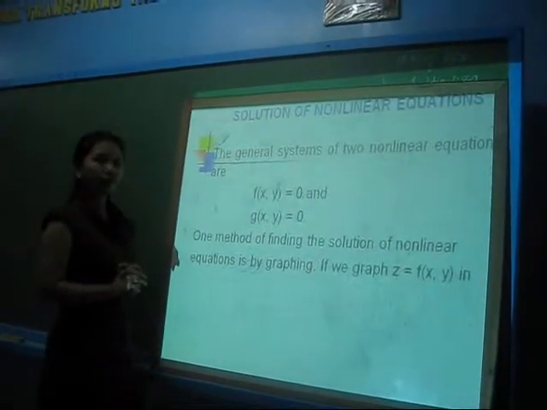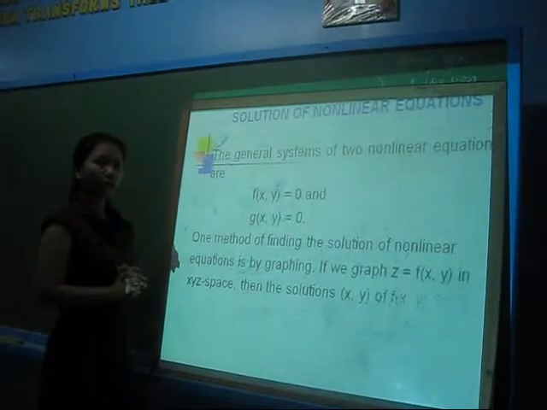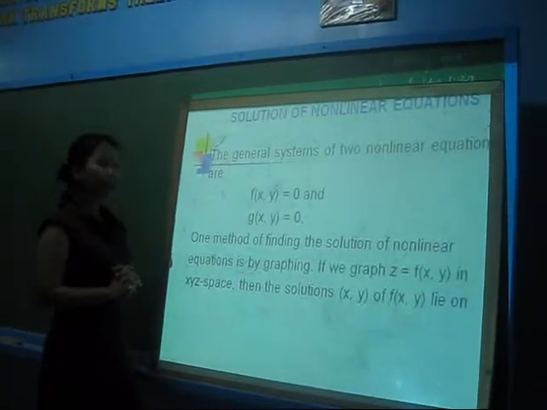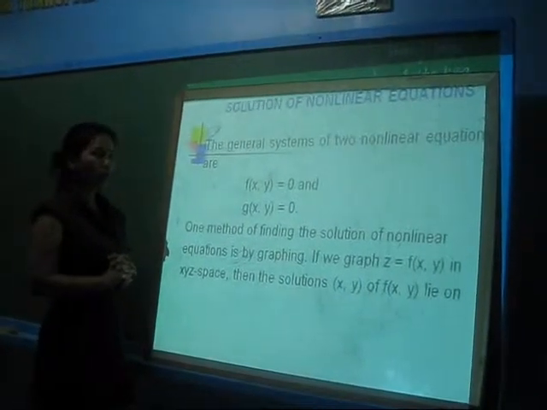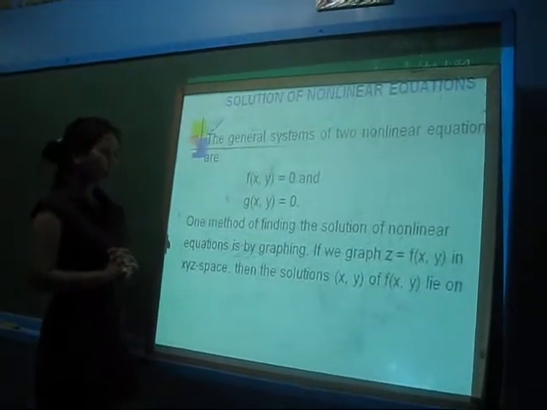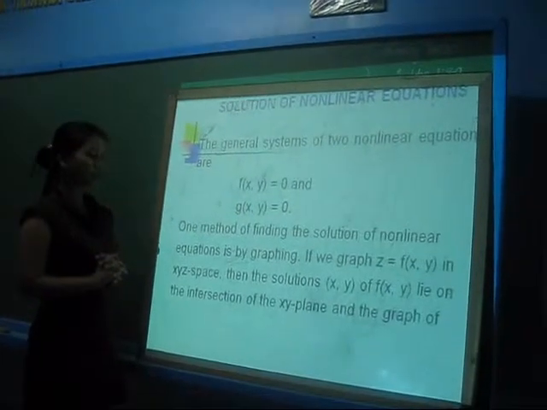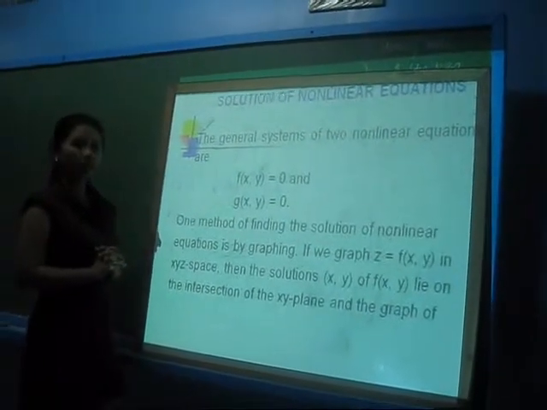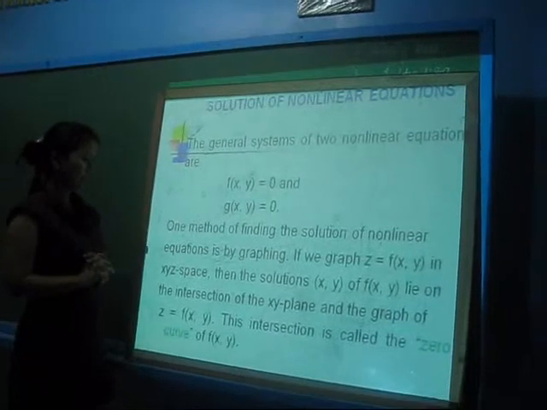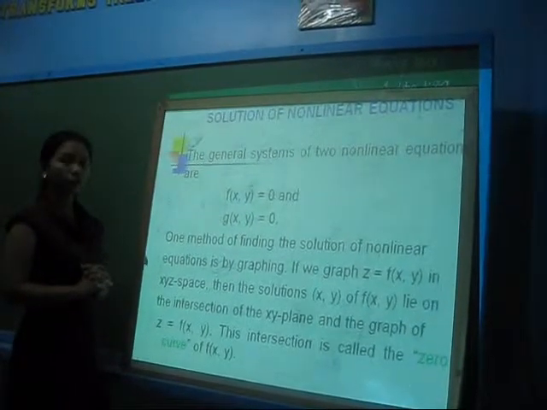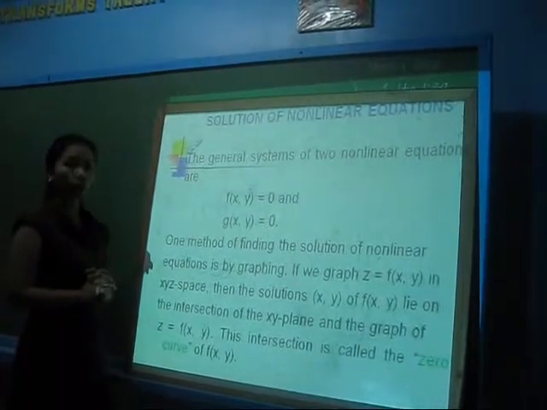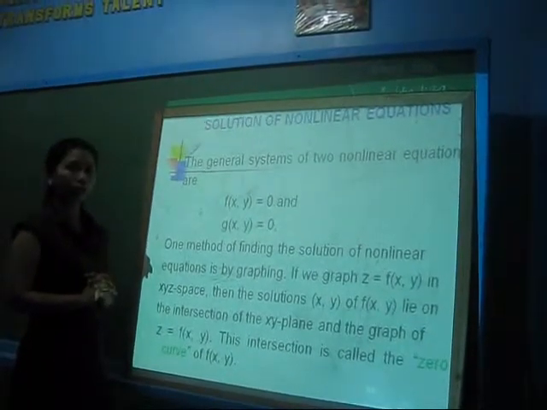If we graph z is equal to f of x and y in xyz space, then the solutions x and y of f of x and y lie on the intersection of the xy plane and the graph of z is equal to f of x and y. This intersection is called the zero curve of f of x and y.